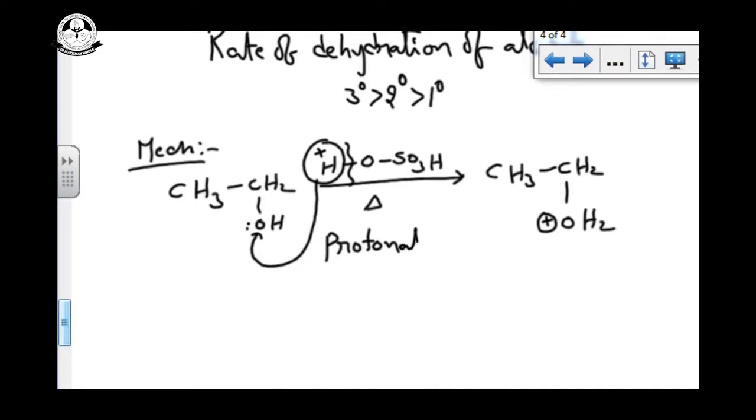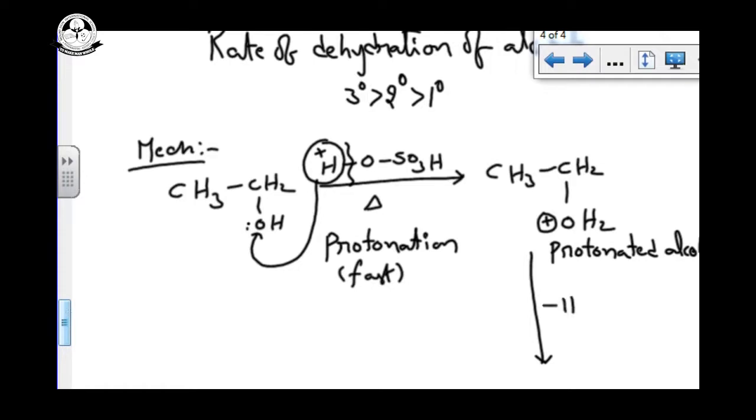Protonation means addition of a proton, and this compound is called the protonated alcohol. The first step is a very fast step. In the second step, I remove the water molecule.